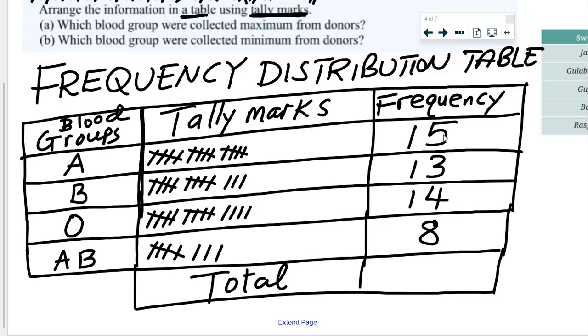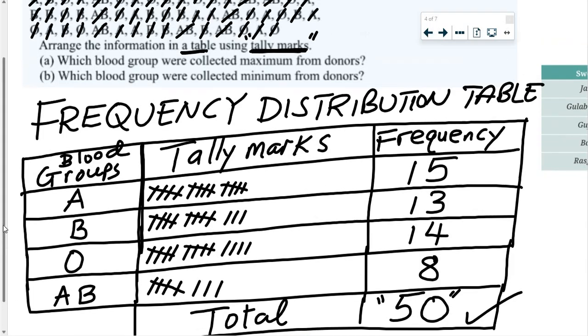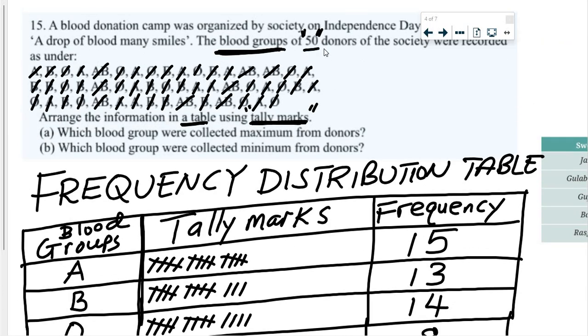So let us do 5 plus 3, 8, 12, 20. 0 carry 2, 1 plus 1 plus 1, 3, plus 2 you carried, 50. That means your table is correct because that is 50. And also here it was 50. So that is how you know that your table is correct.